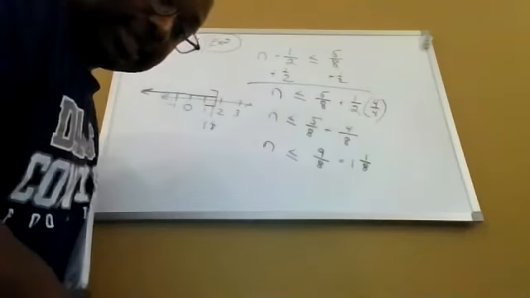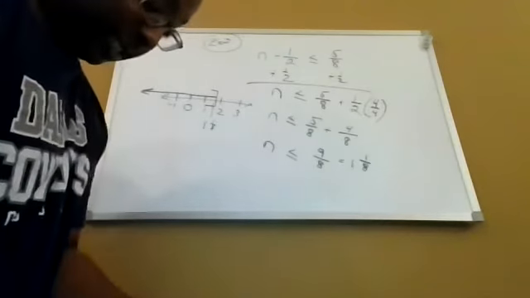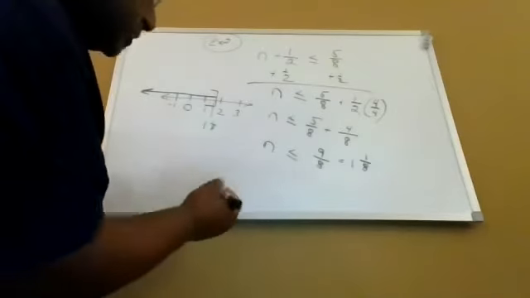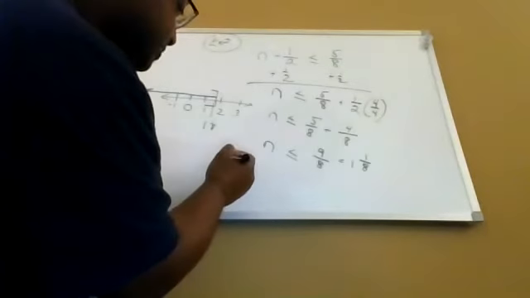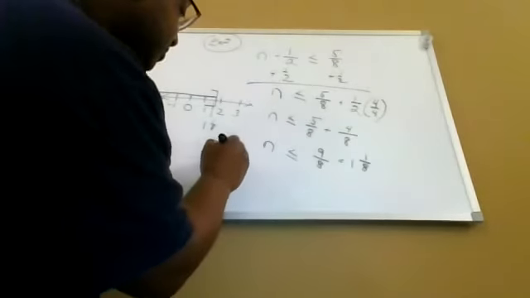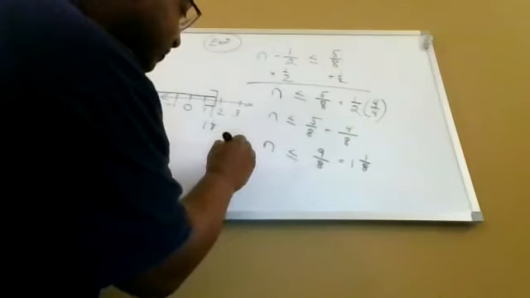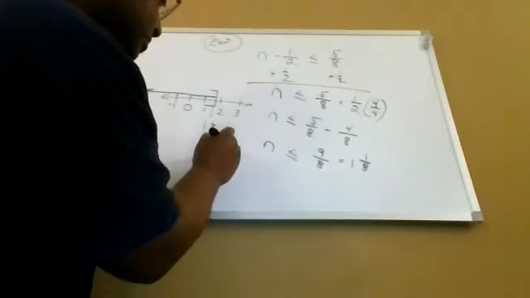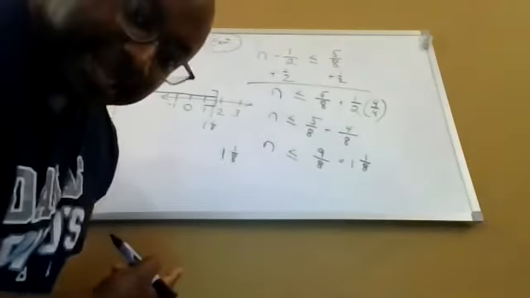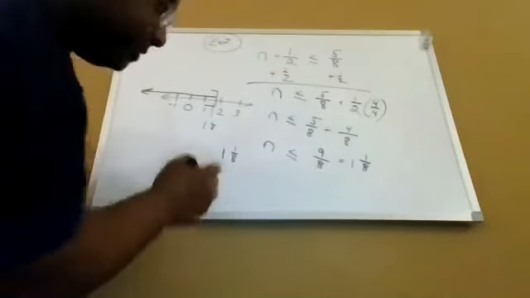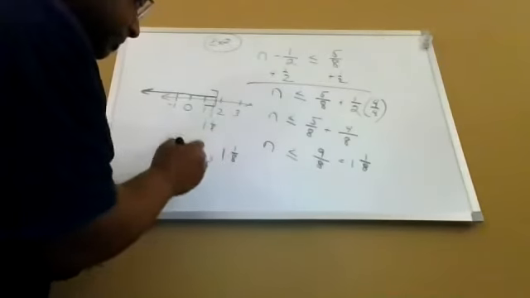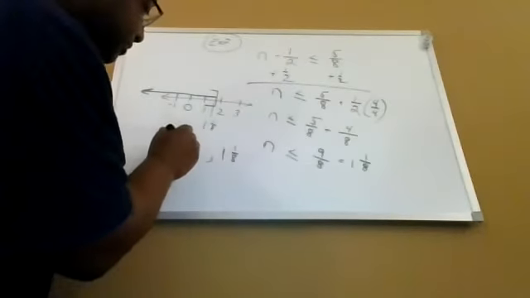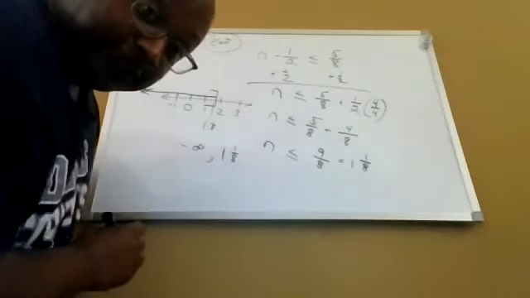Okay, last thing is interval notation. So what I'm going to write is 1 1/8. Well, I could have written 9/8, but I'm just choosing 1 1/8. Okay, comma, negative infinity.